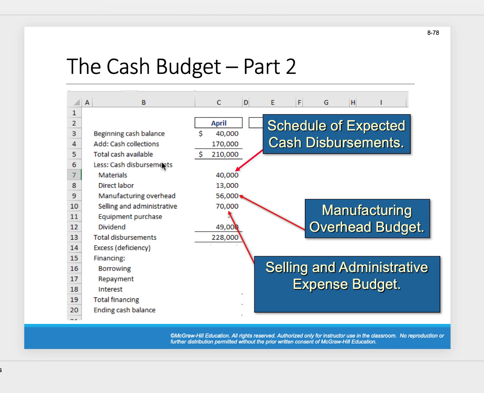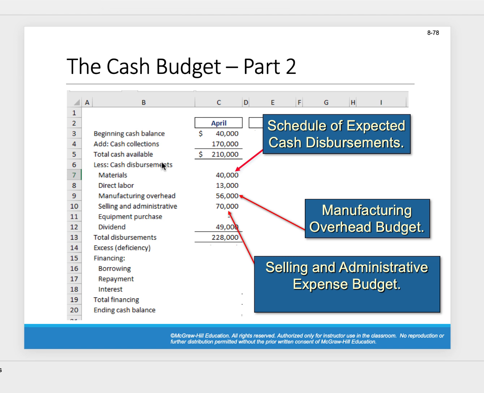Direct labor, that comes from the direct labor budget. Manufacturing overhead, the cash portion, manufacturing overhead budget. Selling and administrative costs, guess where that comes from? Selling and administrative budget. Then they say, oh, by the way, you pay a dividend, $49,000.